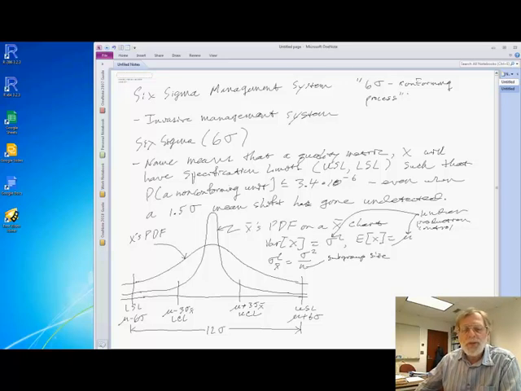So this is a way of putting a standard on how low the variance of a production line is.